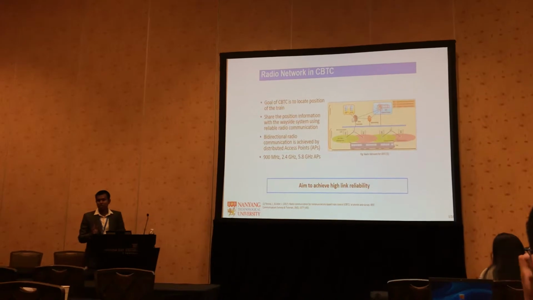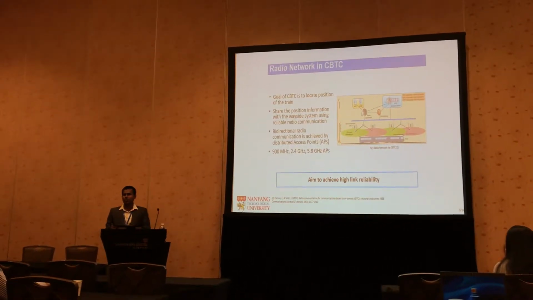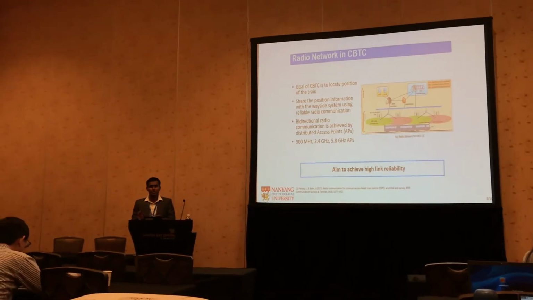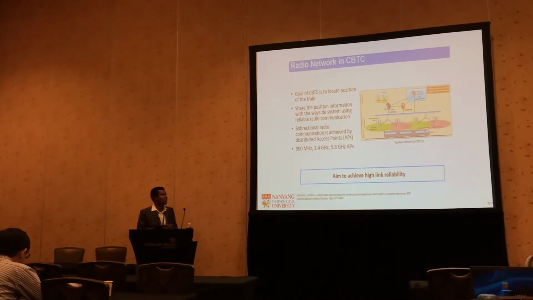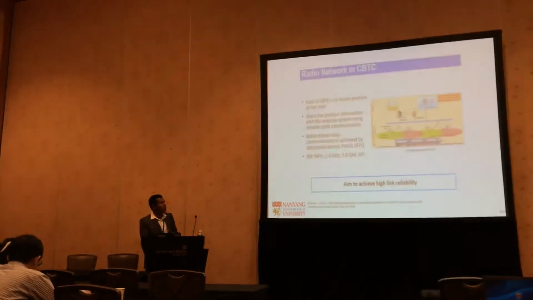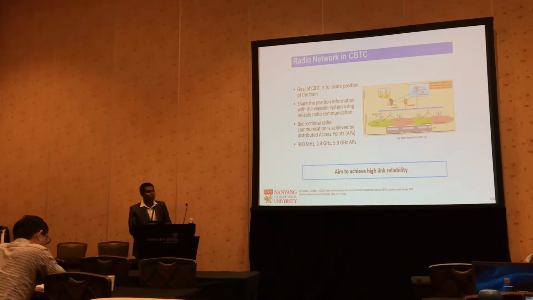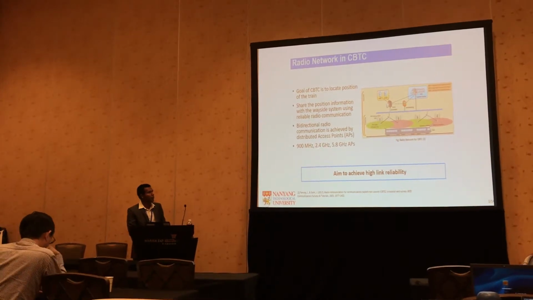Usually the CBTC systems all over the globe will operate in the ISM band, industrial, scientific and medical band, which is a license free frequency band. The frequencies in this band are 900 MHz, 2.4 GHz and 5.8 GHz. In Singapore, we are working on 2.4 GHz.